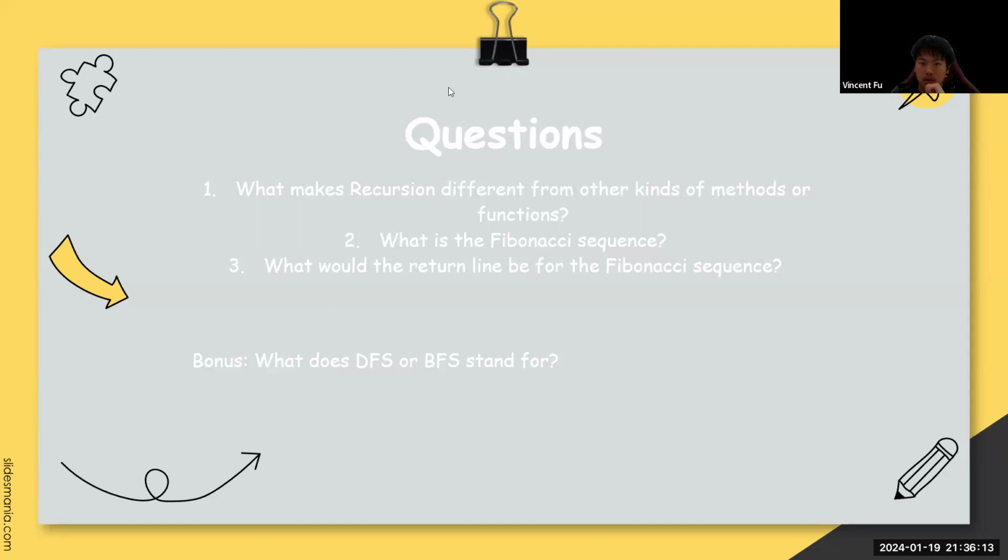Now, does anyone know this sequence? If you guys don't know, just type no or don't know in the chat so that we can skip the rest of this.